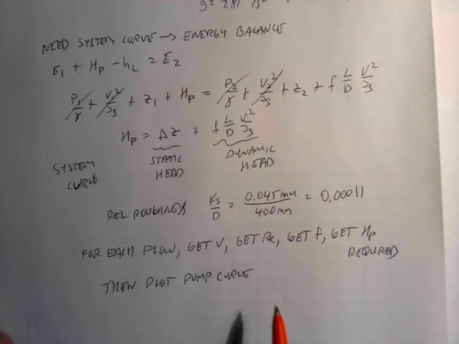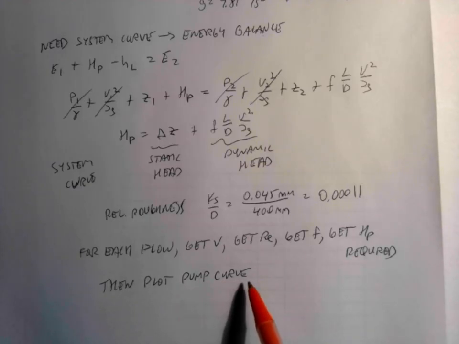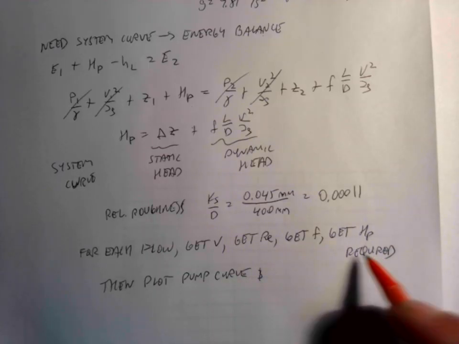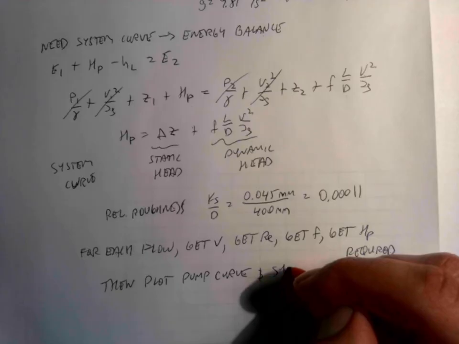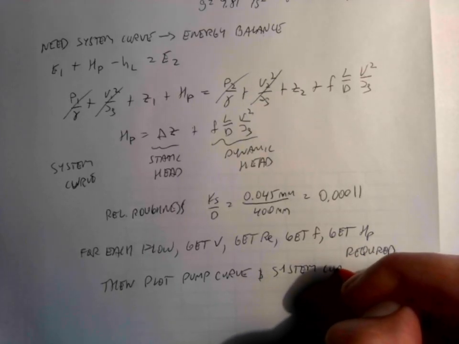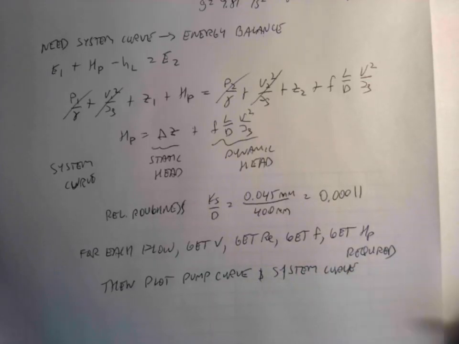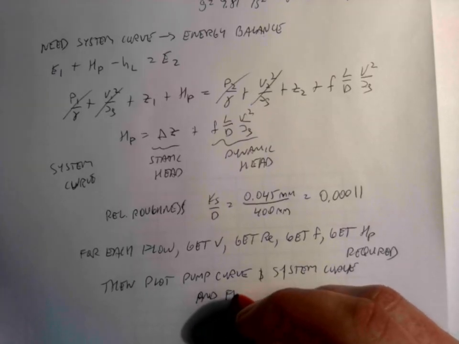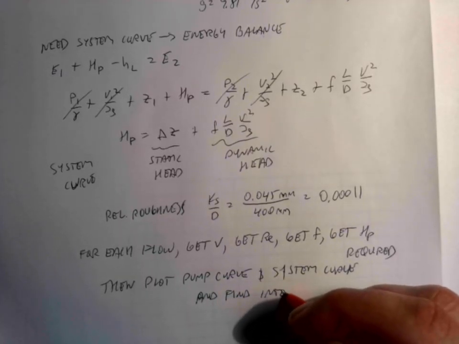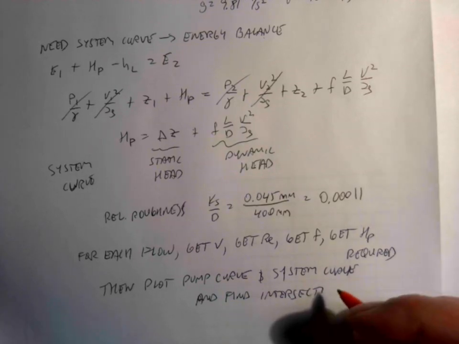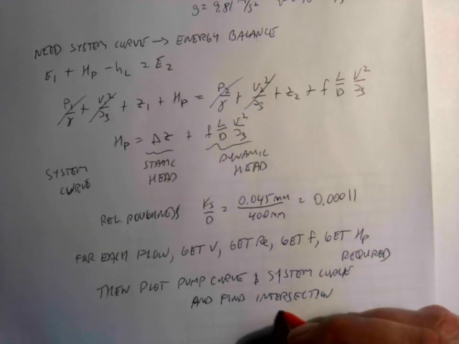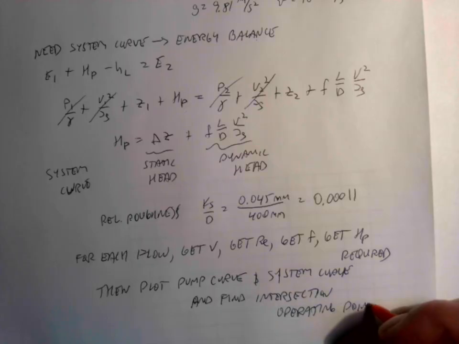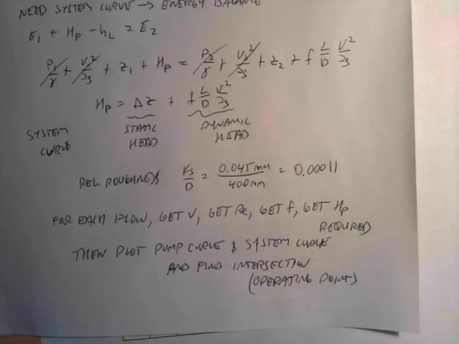Okay, so the pump curve for one pump, and then the pump curve for both of them in series, and this system curve. Plot pump curve and system curve and find the intersection, which we call the operating point. Okay, so that's what we're going to do.